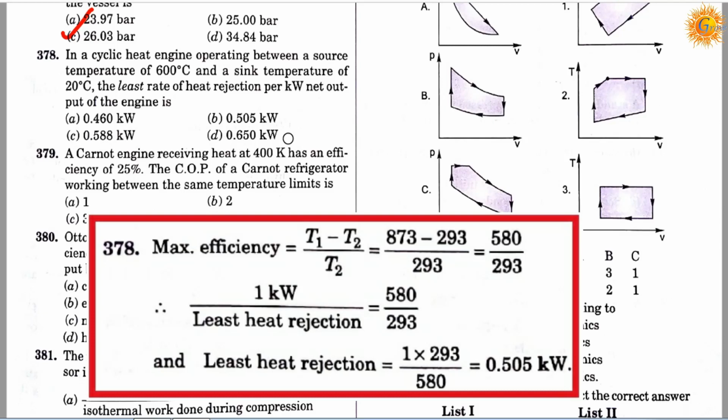So the correct answer will be B, and you can check its solution here.